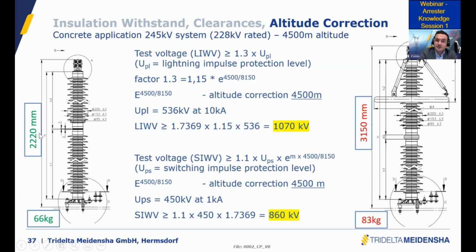You see that on the right side, the arrestor is 1 meter longer, and the weight also is about 20 kilos difference. And for example, if you want to use it on a transmission line to improve the lightning performance, sometimes the clearances are an issue because you would like to integrate the arrestor on the cross arm, and you need to make it compact.